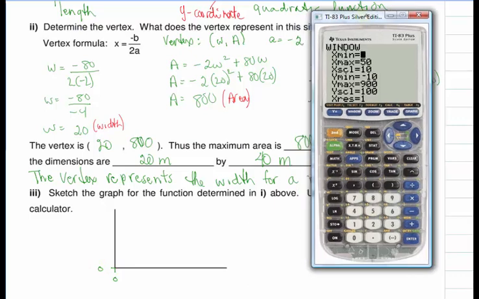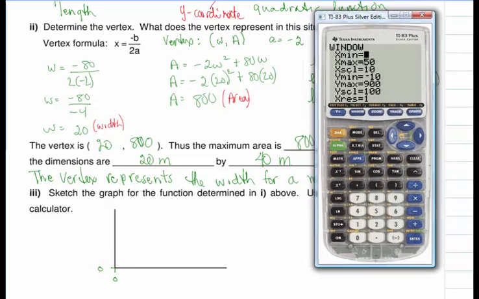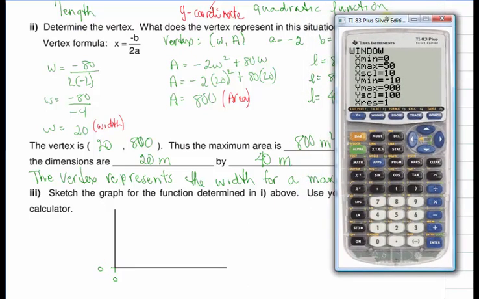Now, how do you decide what you're going to plug in for your x max? Well, if you take a look at the problem, our x coordinate is the width. And if you take a look at what we got for our widths that would give us a maximum area, we have 20 and 40. So we know that our x max has to be at least 40.